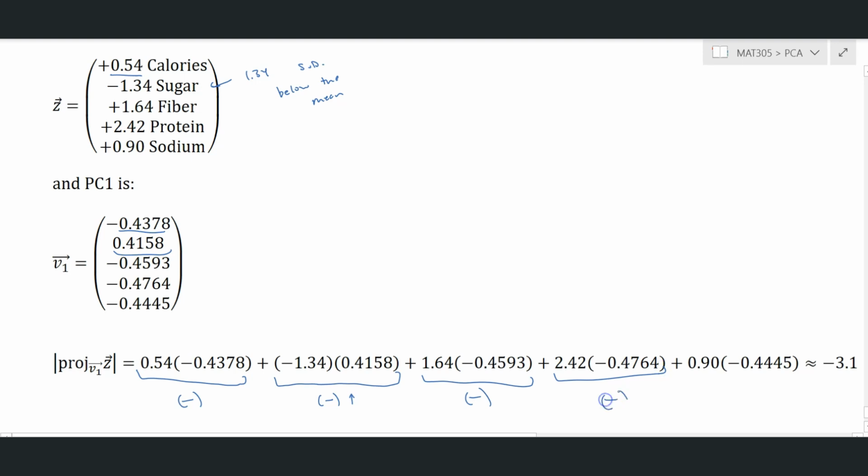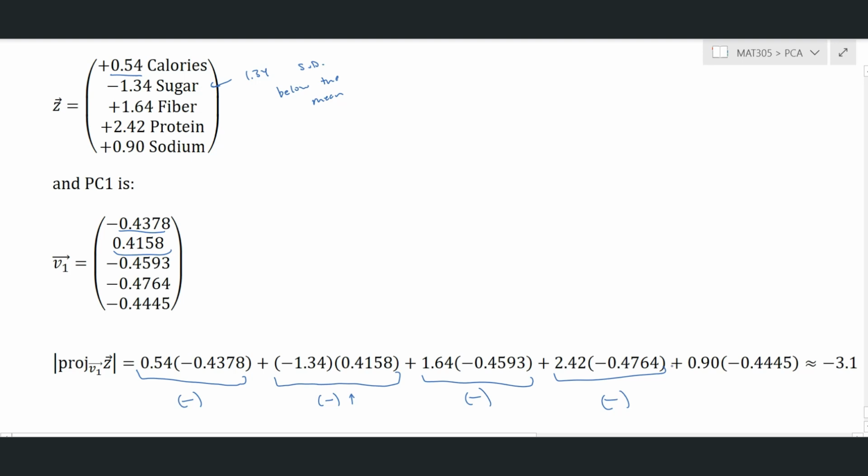Here, again, a negative contribution, positive 2 points. It's really high in protein. This is a very negative score. Now remember, as we said that here, as sugar goes up, these other nutrients go down. So the fact that it's having a lot of negative contributions is actually indicating that it's probably a slightly healthier cereal, right?